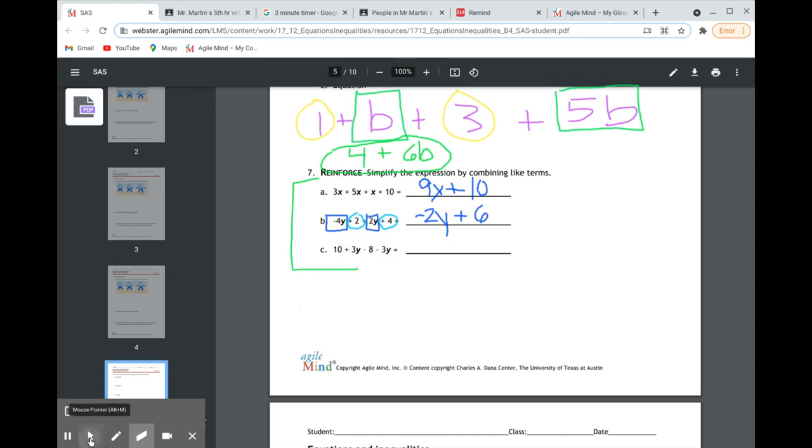And so looking at this, what are we going to do, Miss Takiria? What's alike on this, Takiria? Let's help her out.